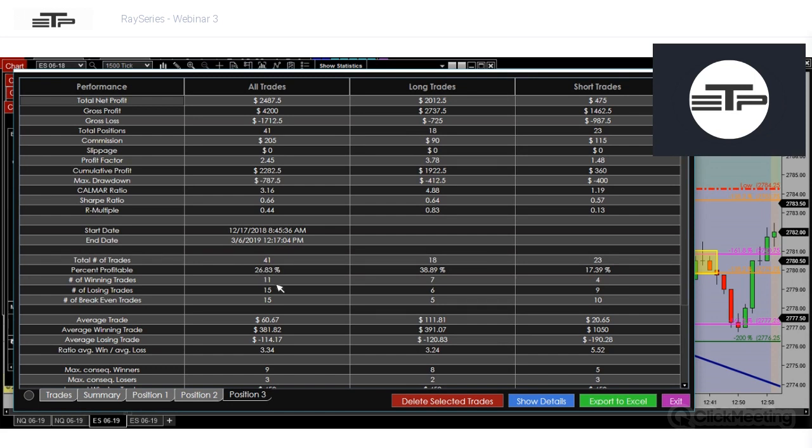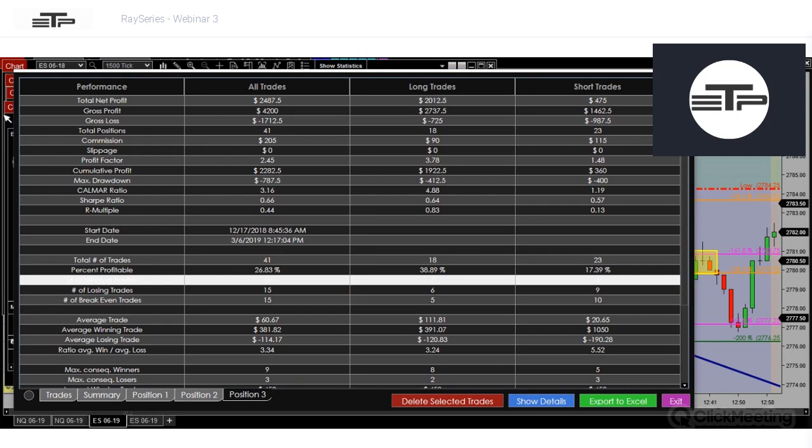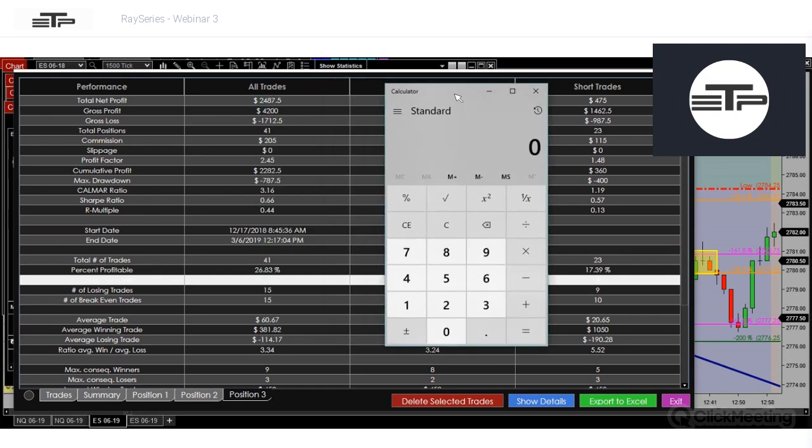26.83% win ratio, but that's a win ratio from the total number of trades. It has actually 15 break-even trades. So theoretically, you're only incurring the loss of commissions on these trades. If you were to add these 2 up and actually do a statistic from them, so you have 11 winning trades plus 15 losing trades, that's 26 trades total.